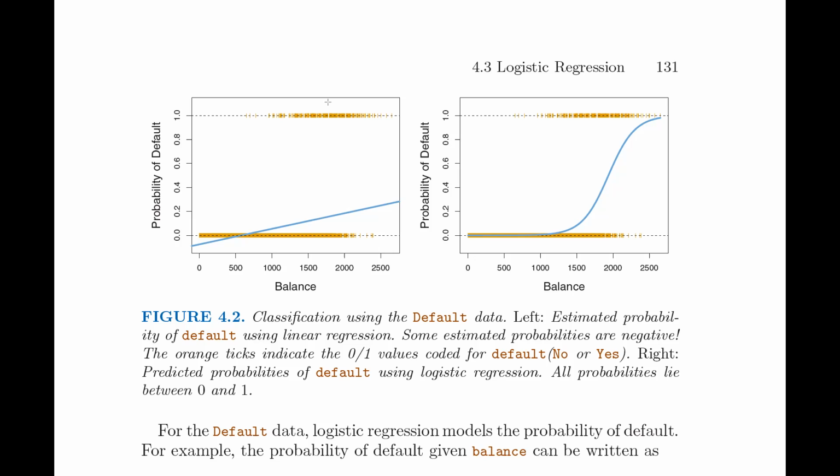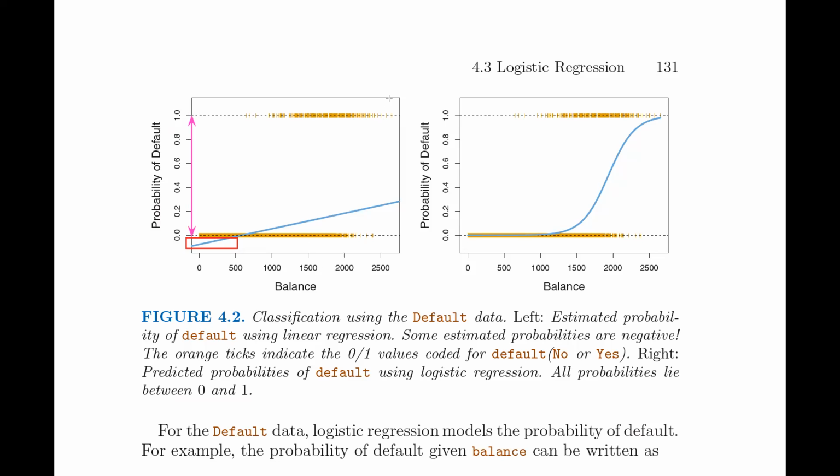Now what happens is that for certain inputs of balance, we get probabilities that are outside the 0-1 interval, which we need for probabilities.